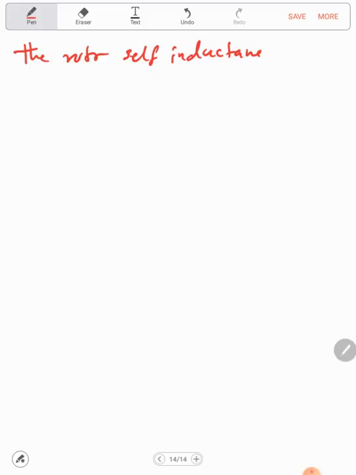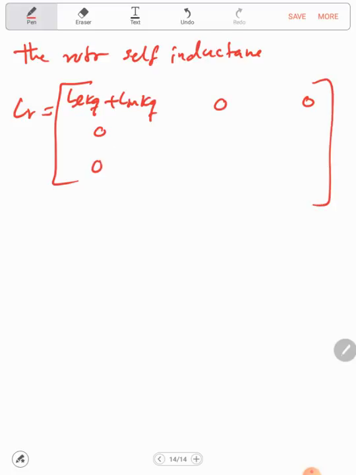So there is no interaction between the D and the Q. LR will equal LLKQ plus LMKQ, and this is the self-inductance of the damper winding acting along the Q axis. There's no relation with the D axis because the coils on the rotor are orthogonal.